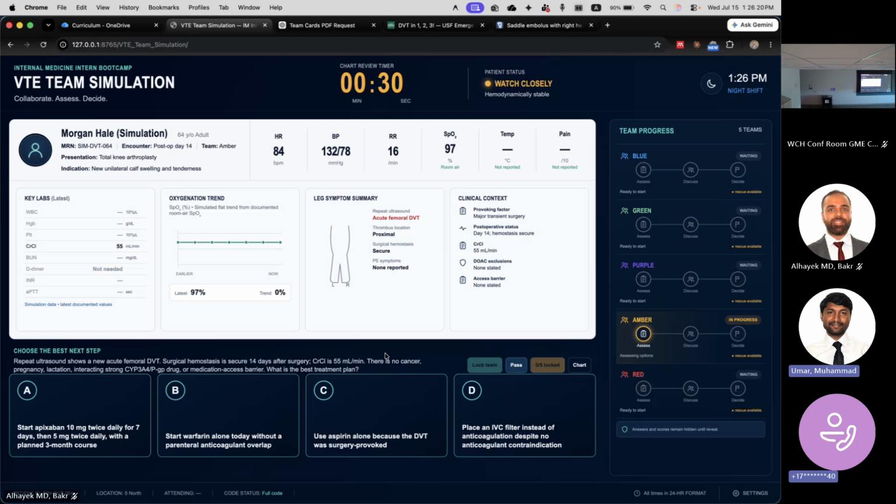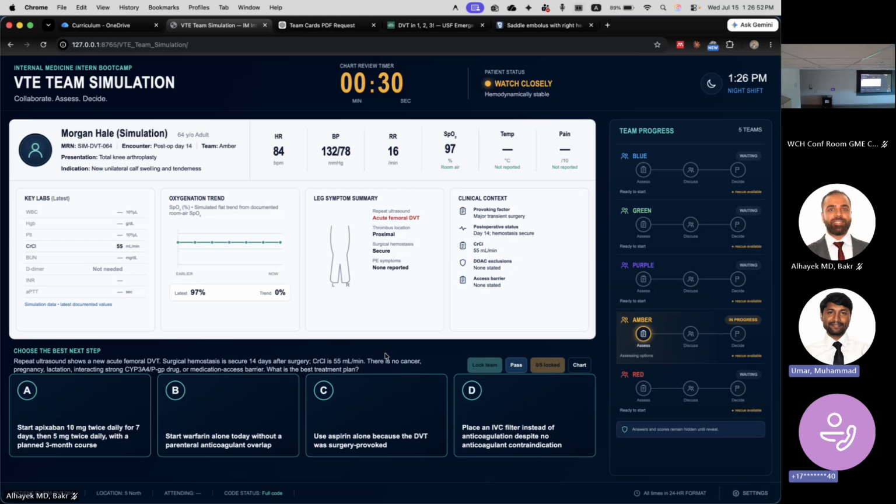You wait for 5 to 7 days, that's per the guidelines. Even if the initial study is negative and there are only symptoms, you don't treat, you don't presume it's DVT. You wait 5 to 7 days, or sooner if the symptoms are worsening, then you do another ultrasound to 100% rule it out.